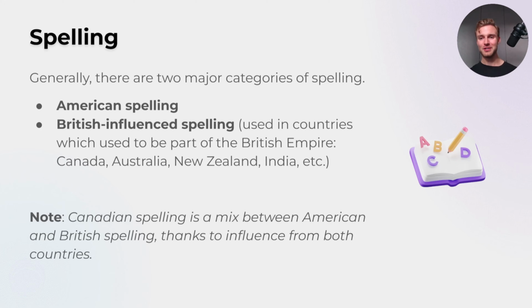Now, if you're interested, Canadian spelling is a mix between American and British spelling. We have influence from the UK through our British history, but also, since we're so close to the US, we have a lot of influence from the United States as well.